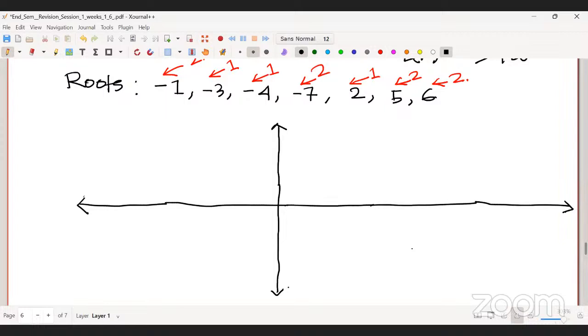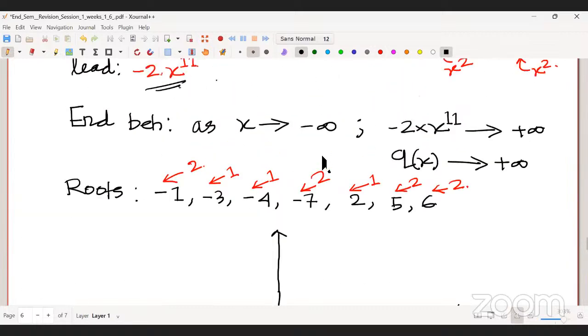We have minus 1, minus 3, minus 4, minus 7, and this is 2, 5, 6.